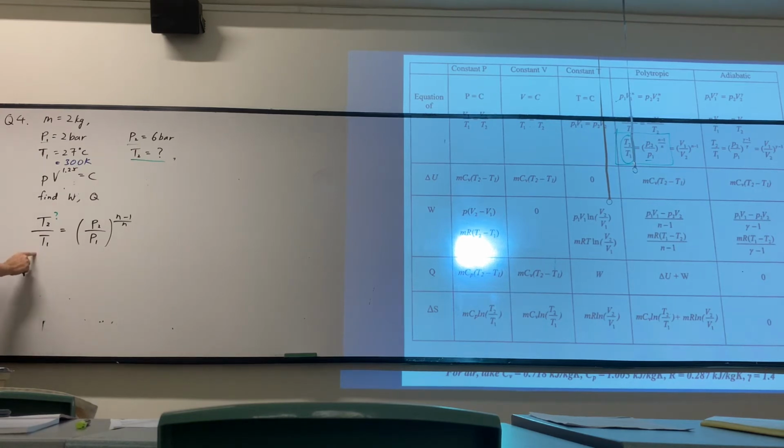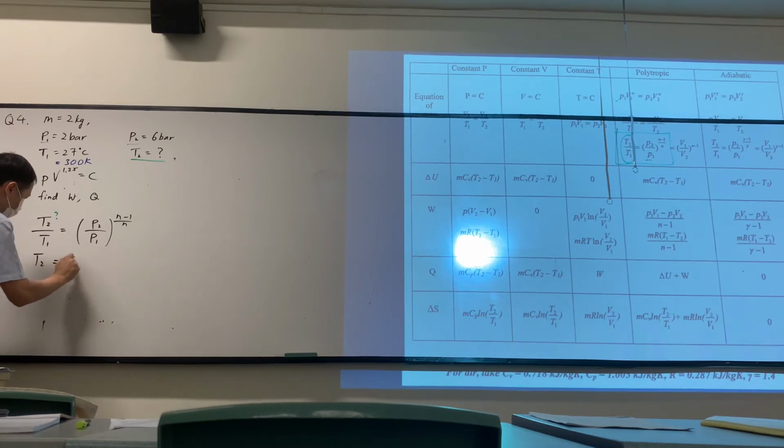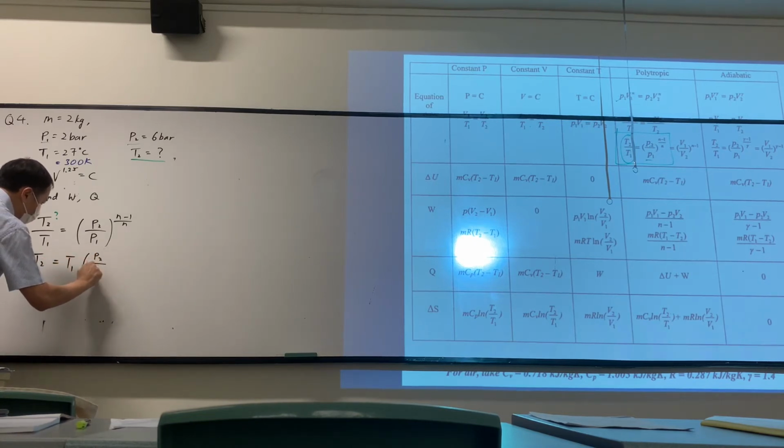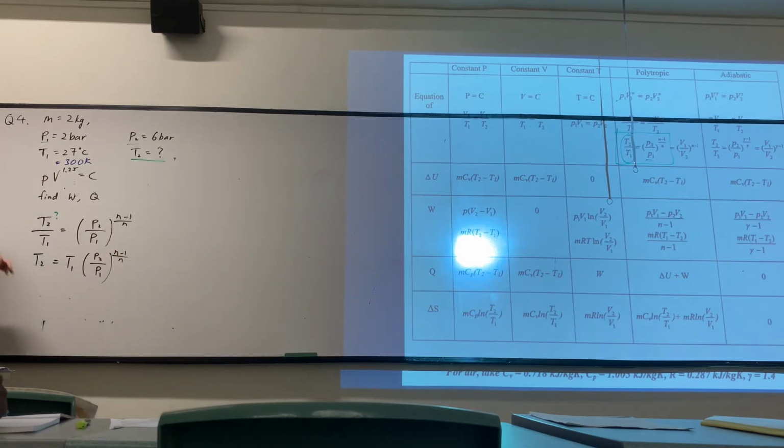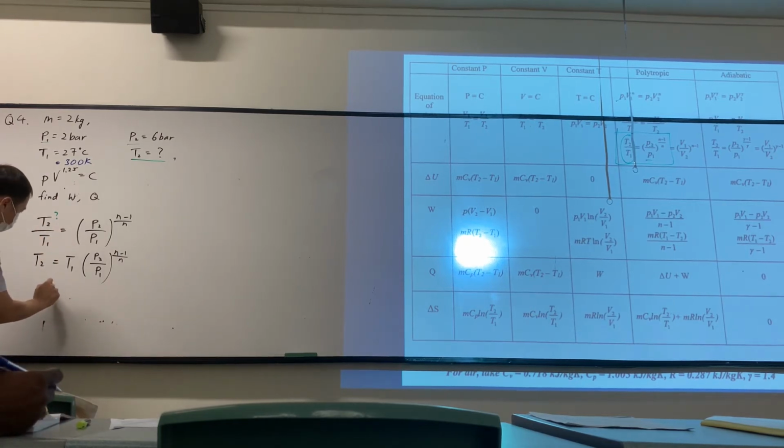T1, I shift to the right side, it becomes a multiplier. So this T1 becomes multiplied to the right side. Cross multiply. So now put in the numbers.